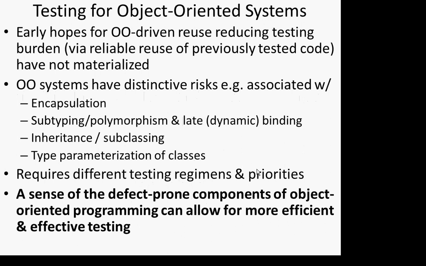You folks were probably still in swaddling clothes when, no, you weren't even born in the early heady days of object-oriented programming. There was a lot of hopes laid out that object-oriented systems would enormously reduce the burden associated with testing, because they would allow for, among other things, composing and reusing pre-built components in a way that would mean that you're building things out of fully tested components.